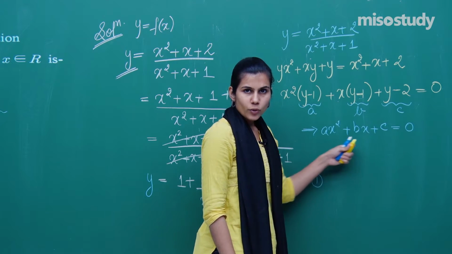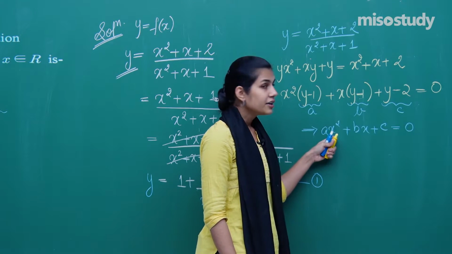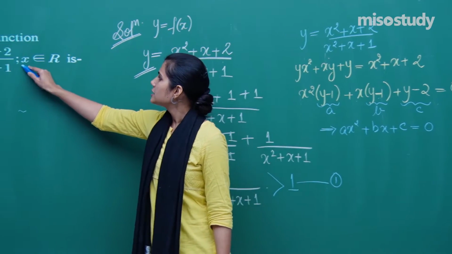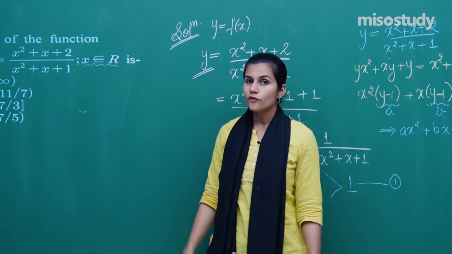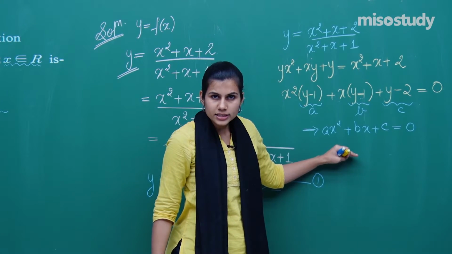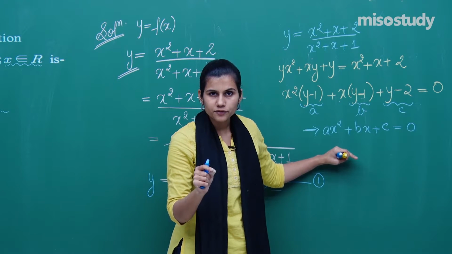This quadratic equation will have roots, only real roots, and that is because x is belonging to the collection of all reals. A quadratic equation has real roots if and only if its discriminant is non-negative.